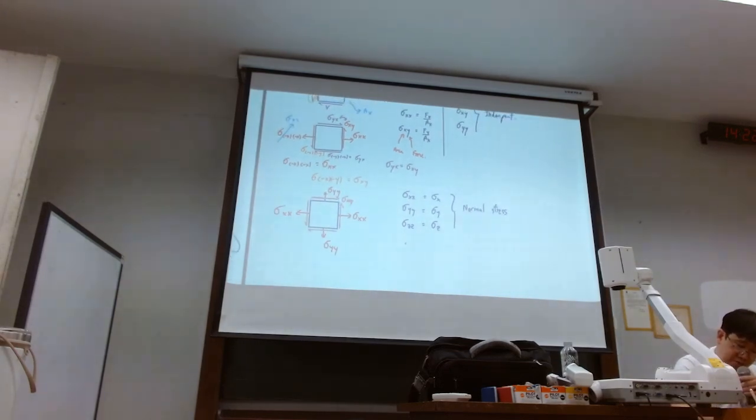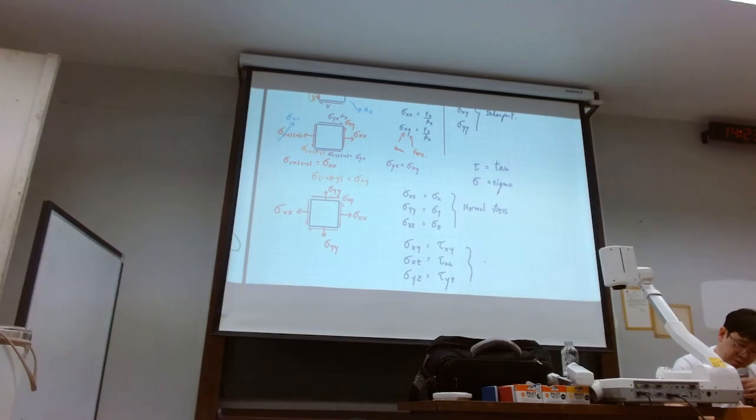And we will have stress xy, stress xz, stress yz. To make things easier for us, we're just going to be converting that to tau. By the way, this is sigma, and this is tau. So we'll be calling it tau xy, tau xz, tau yz. Those are shear stress.